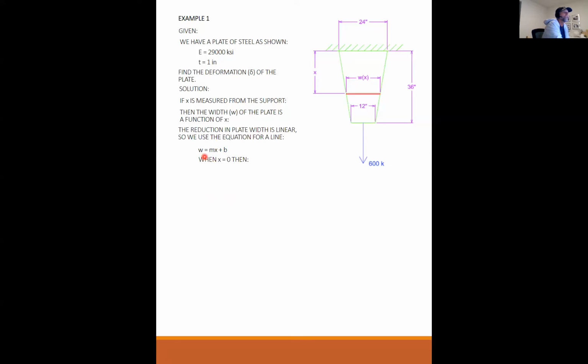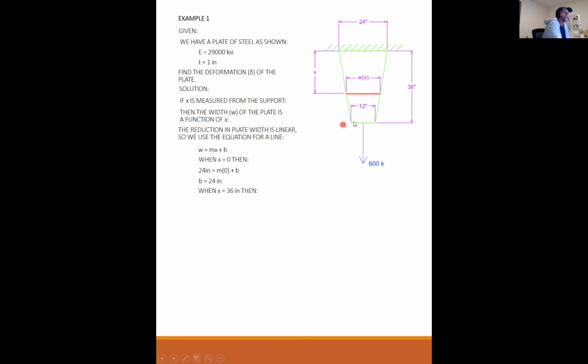To solve this linear equation, what I like to do is say when X is equal to 0, so you're up here, then the width is equal to 24. So 24 equals M times 0 plus B, then I know B is 24 inches.